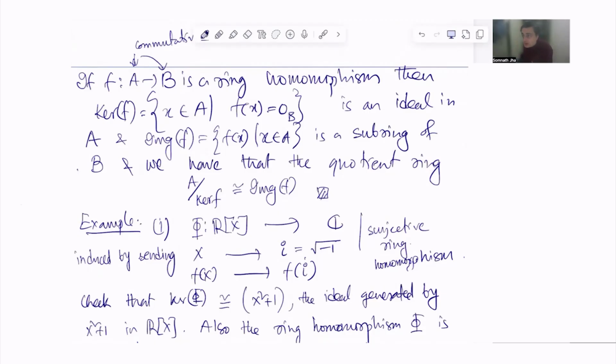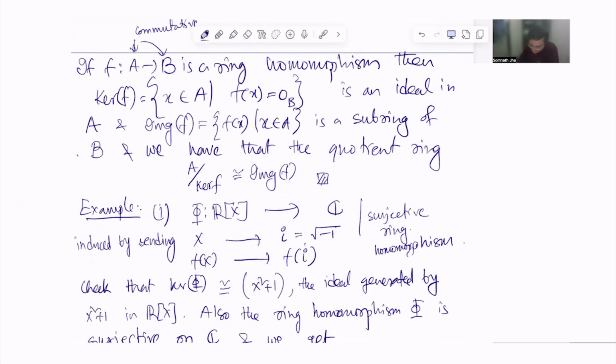Any multiple of it goes to 0, and conversely, if a polynomial goes to 0, it is divisible by x squared plus 1 in R[x]. So the kernel of phi is the set of all multiples of x squared plus 1, which precisely means it is the ideal generated by x squared plus 1.